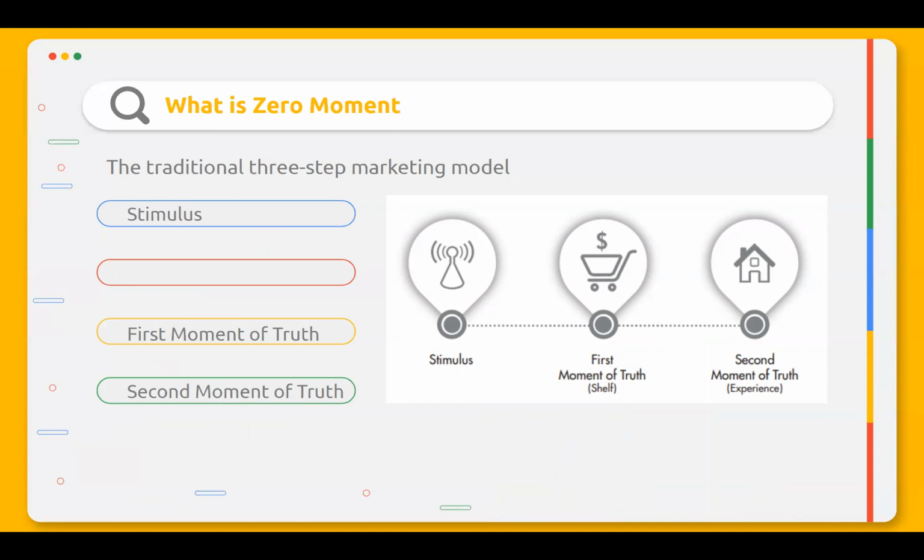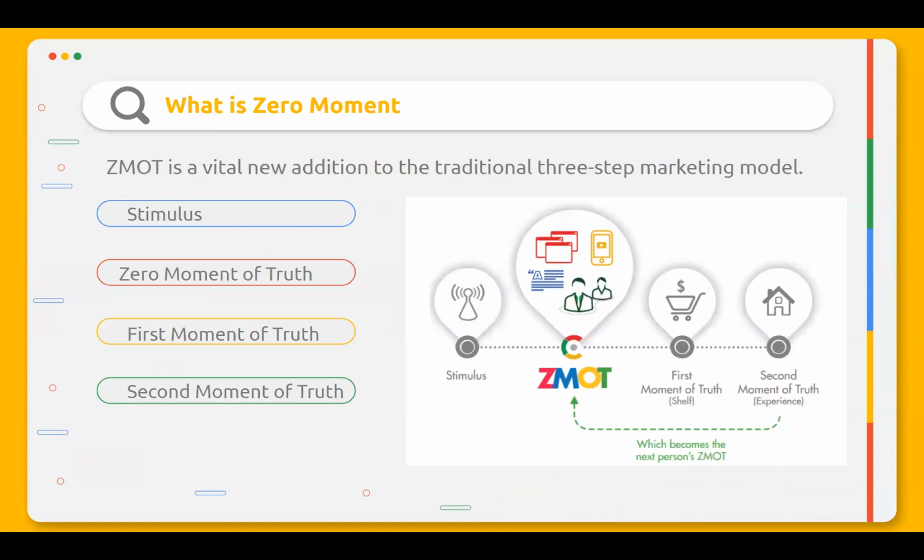The traditional model included stimulus, first moment of truth, and the second moment of truth. So now looking at the new zero moment, it falls right in between stimulus and the first moment of truth, as this is the research that individuals do prior to that first moment when they go ahead and see that item and add it to their carts.